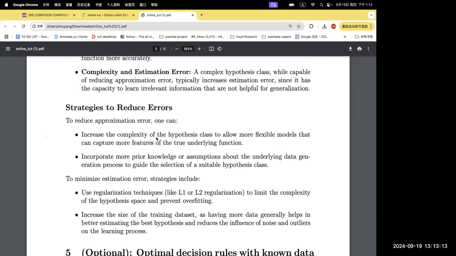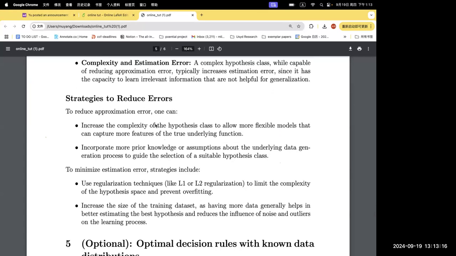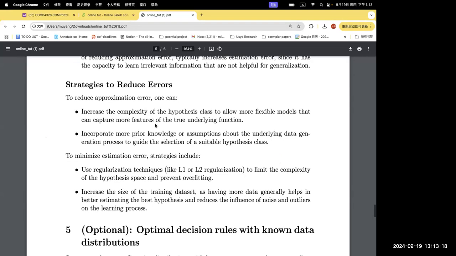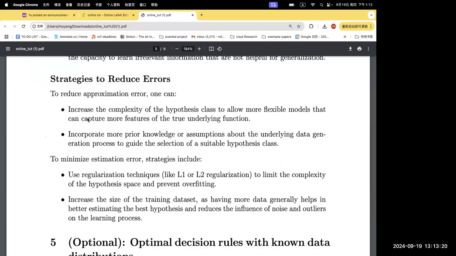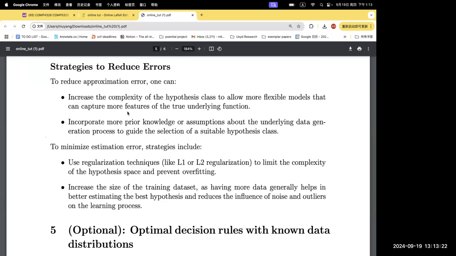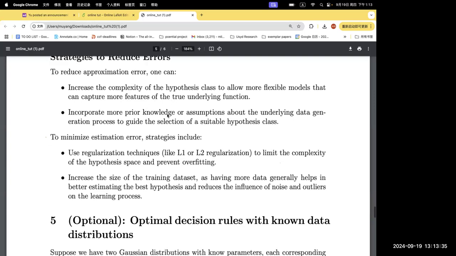Here are some general ways that we can reduce the approximation error and estimation error. As we mentioned, in order to reduce the approximation error, we can increase the complexity of the hypothesis class, so that with a larger probability it can cover the target concept, or be closer to the target concept. Or we can inject more prior knowledge into this hypothesis class.